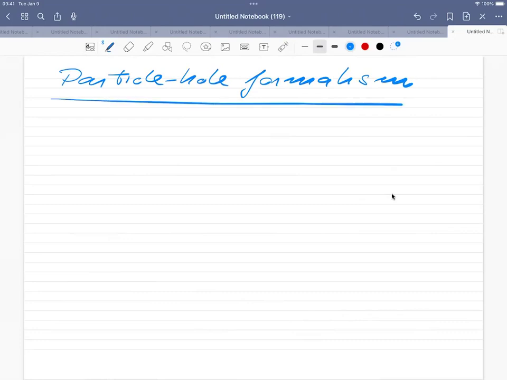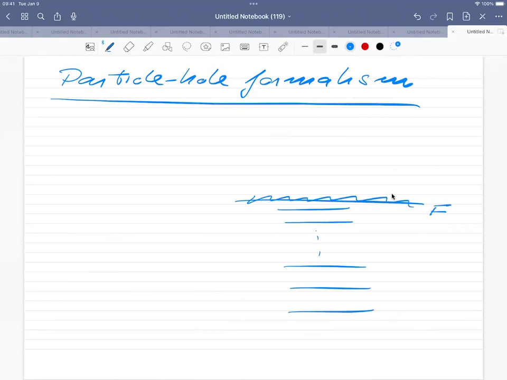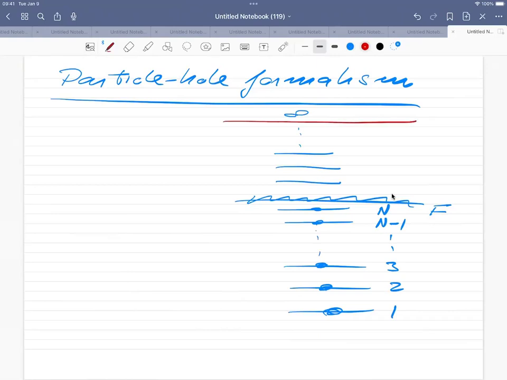So what we have is a set of single particle states which are being filled up to the Fermi level F, and if we have n particles, the last state here, something which we could label as n, this would be n minus 1, 1, 2, 3, etc. And then in many, many cases, this single particle basis is given by an infinite orthogonal basis, which means that in principle this sum goes to infinity, but we would always truncate it at some level.